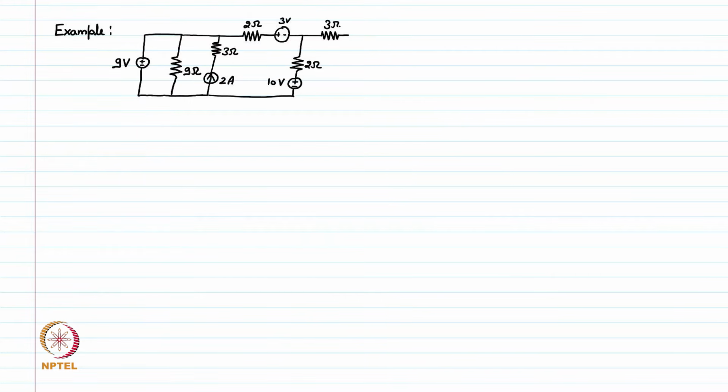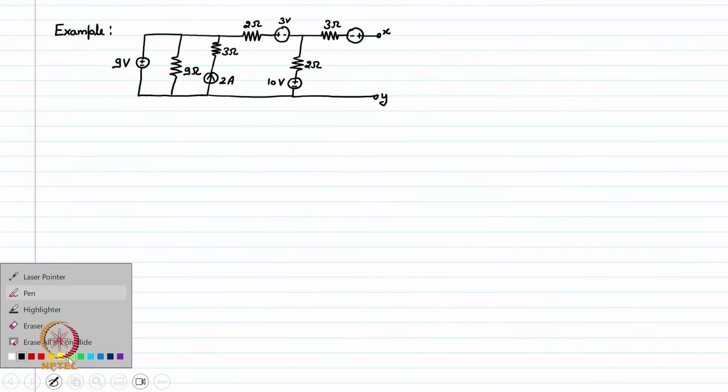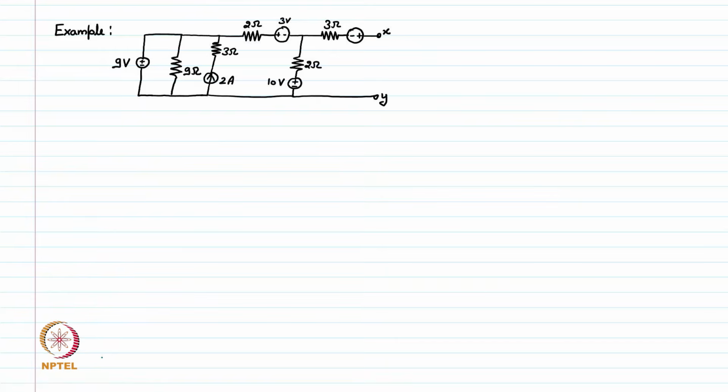This resistance is 3 ohm and then we have one more voltage source, and we want to calculate the Thevenin equivalent in these two terminals X and Y. So this is the circuit we want to consider.